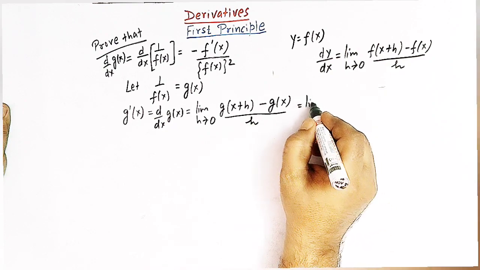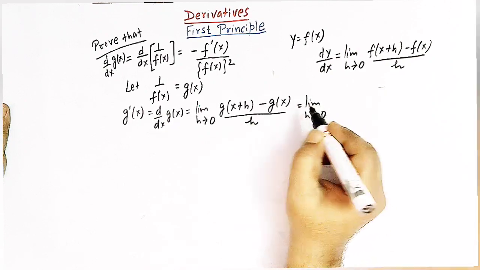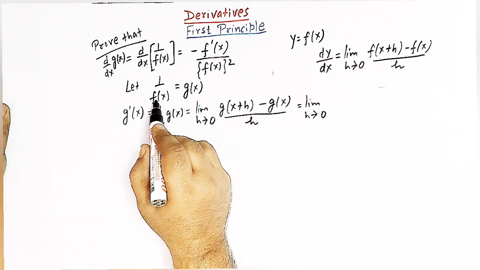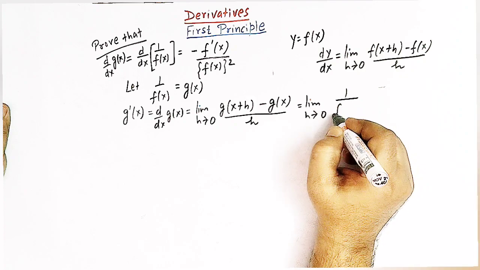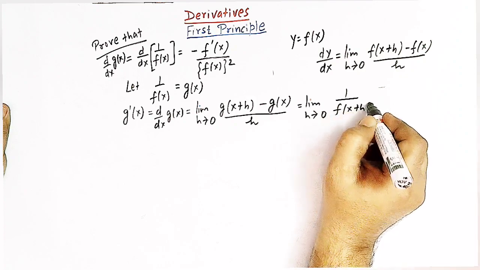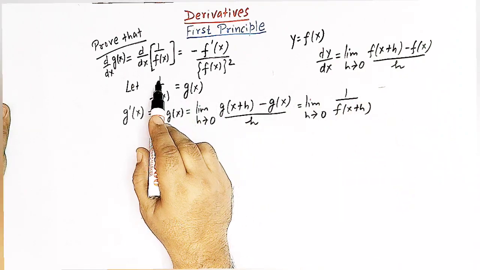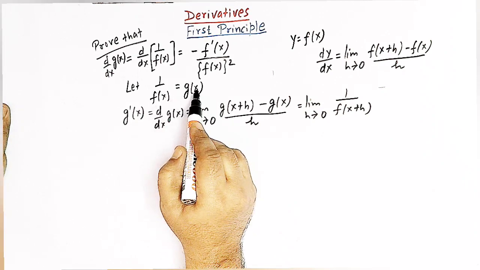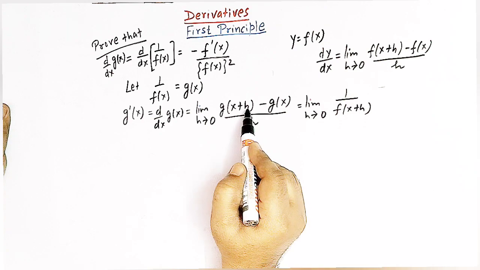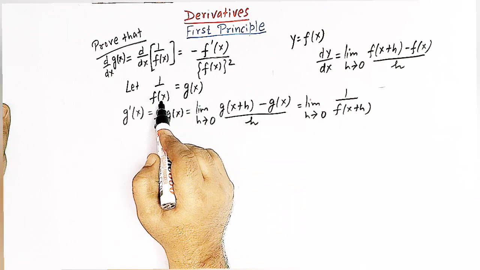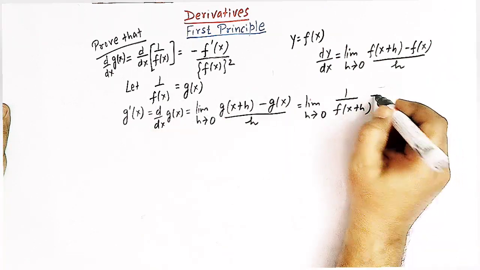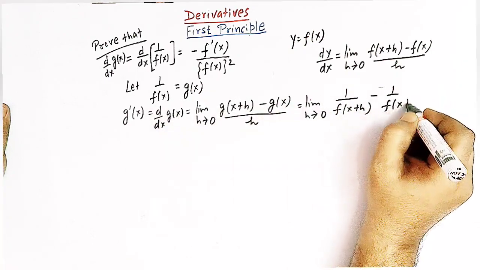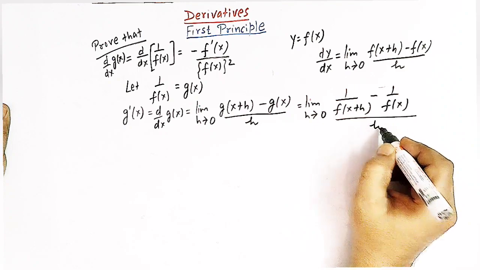So now simplifying it, we can replace the g of x plus h by 1 over f of x plus h, because the g of x is equal to 1 over f of x. So when we change x to x plus h, we have 1 over f of x plus h, and g of x is equal to 1 over f of x, and here we have h.